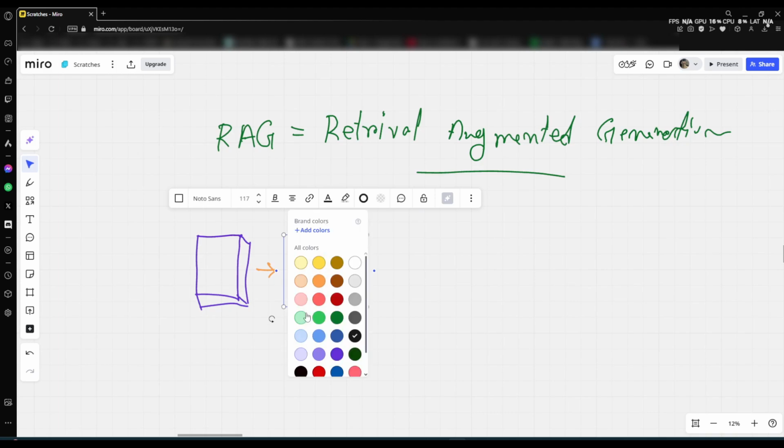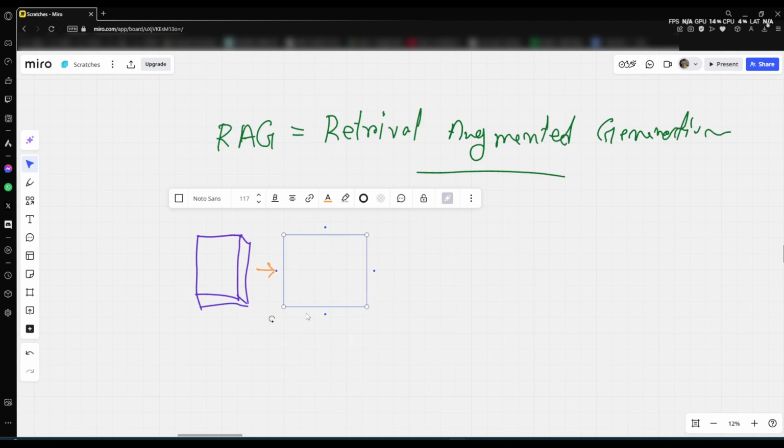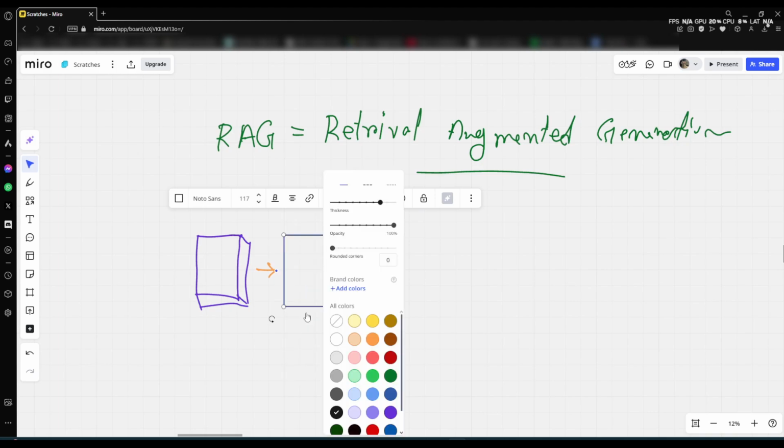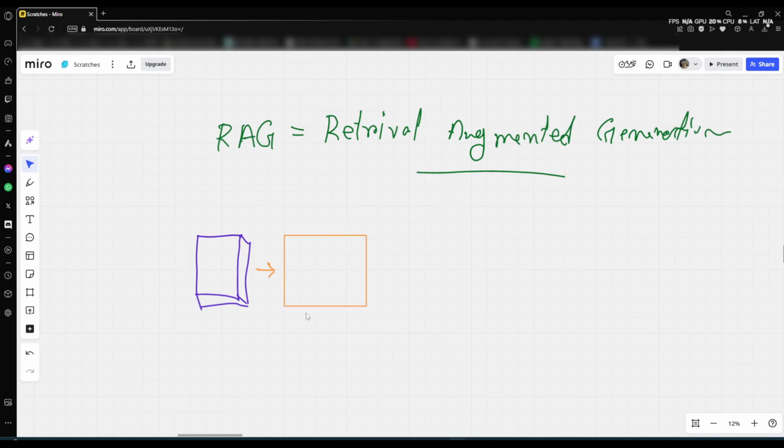Okay, this is the vector I made. Now this book is in its vector form.